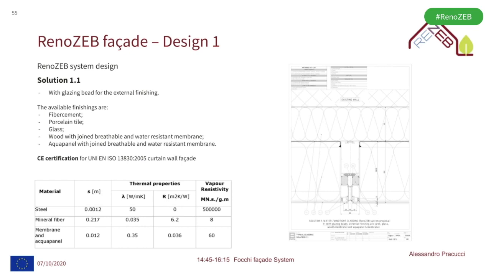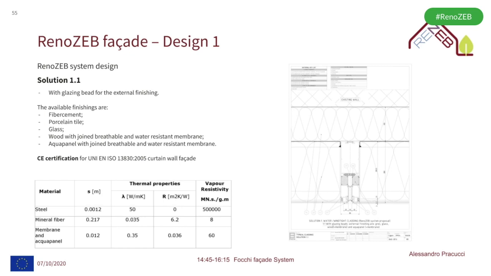This is a 1.1 solution because in the first design we had expected to use mechanical restraint for the external finishing, so to reduce the utilization of sealant and not mechanical application.